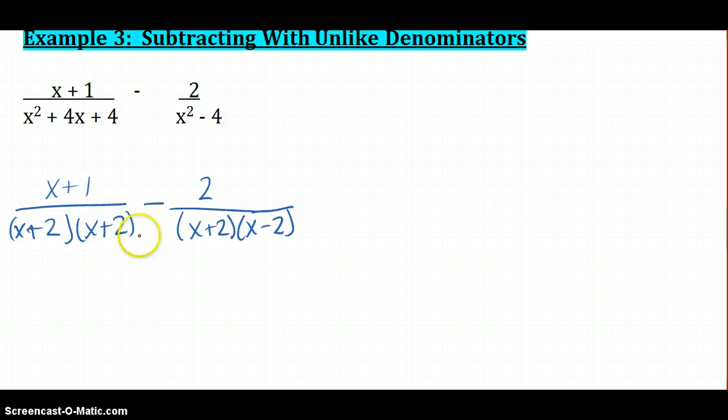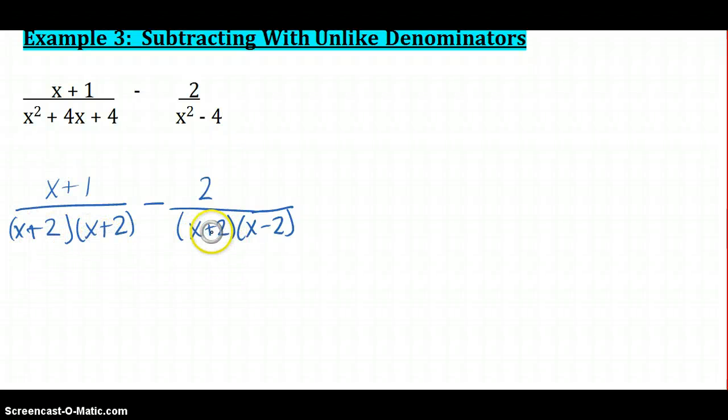Now to find the common denominator, you're just going to take this in pieces. You want to take one piece that each of these has. Well, each fraction has an x plus 2. You want to think about any one fraction, what is the most that any one fraction has? Well, this first fraction has 2 x plus 2's.